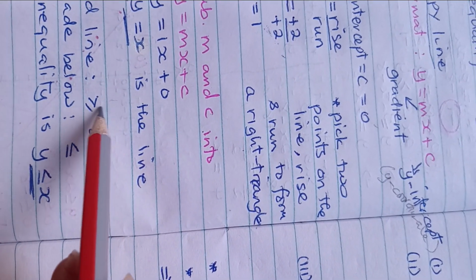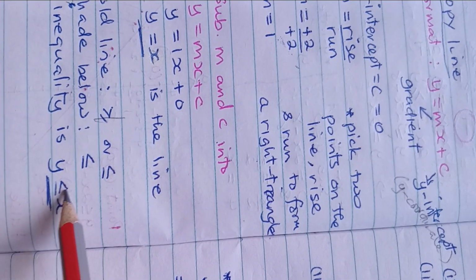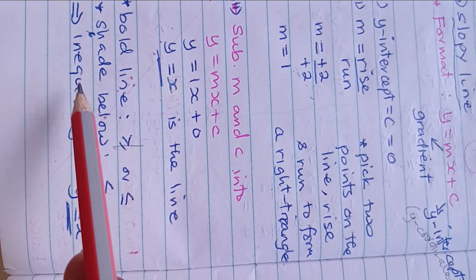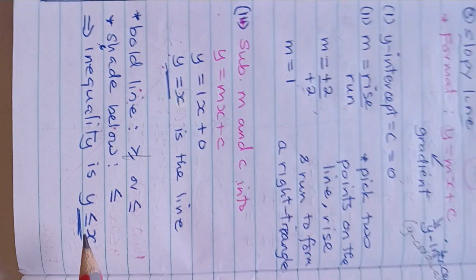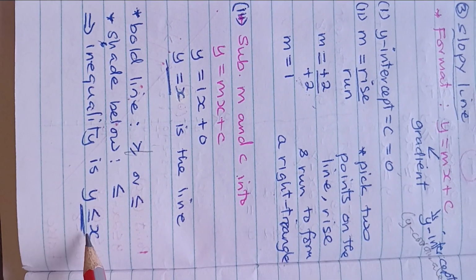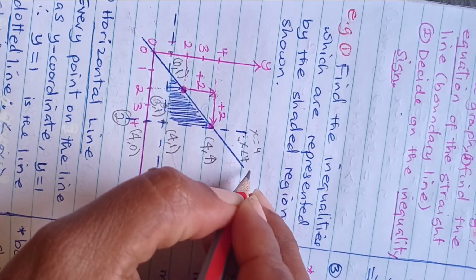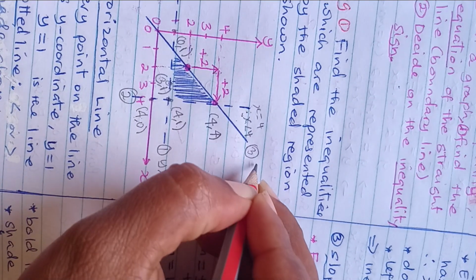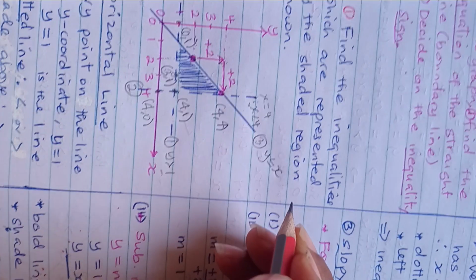Okay, so this will be our correct option. And we just plug it into the equation in place of the equal sign, and so the inequality for the slopey line is y is less than or equal to x. Let's write it up here. This is line number 3, and its inequality is y is less than or equal to x.